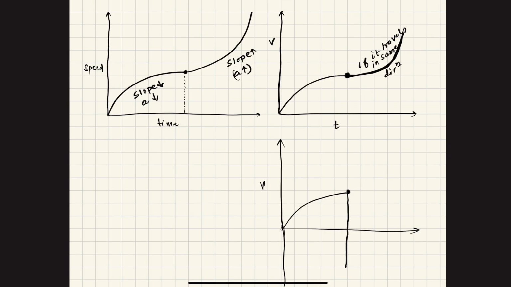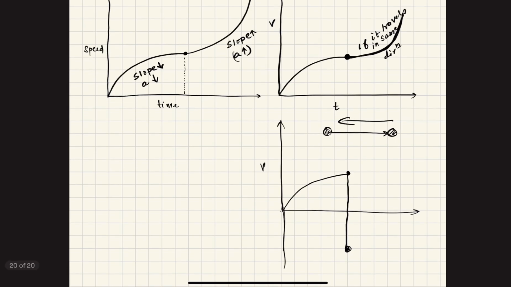It will come like this. Because the body is traveling like this, it has to have a zero velocity over here, and then it comes like that. Now if you see, the speed is increasing. Speed is increasing means the magnitude of the velocity is basically increasing, correct?